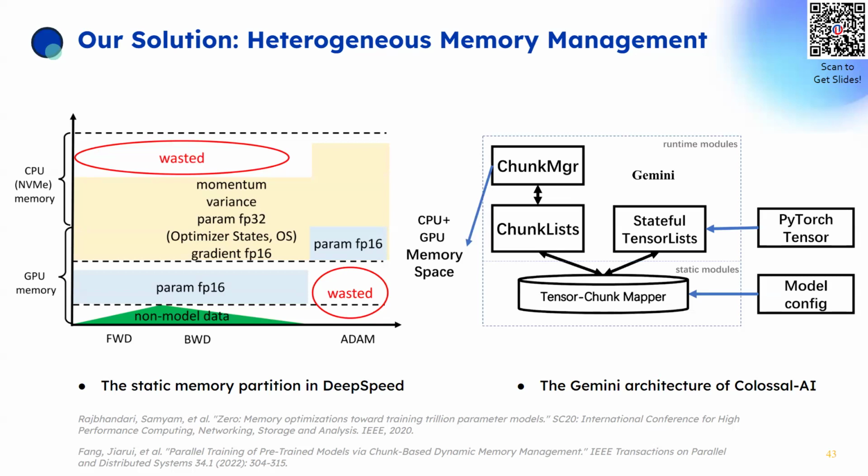It's something to make a prediction, for example, that it's highly inactive for the next 50 iterations, so we can move them to CPU. And we should build a stable tensor list to rank them by whether they are active or not. And then we move them to NVMe or CPU memory. That's the key idea.